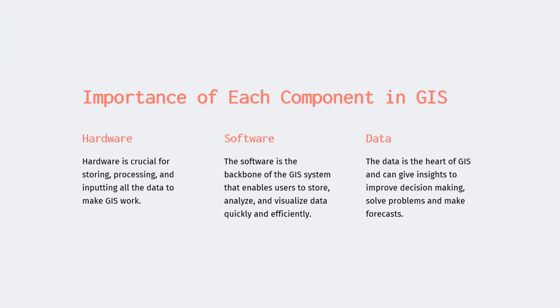And data, the data you might collect with the help of GPS, or download from different sources. For what? For making decisions to solve problems and forecast a model. Got it?